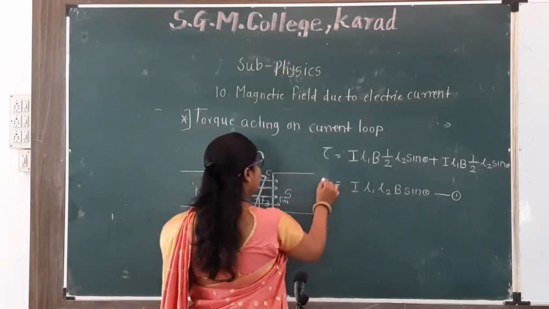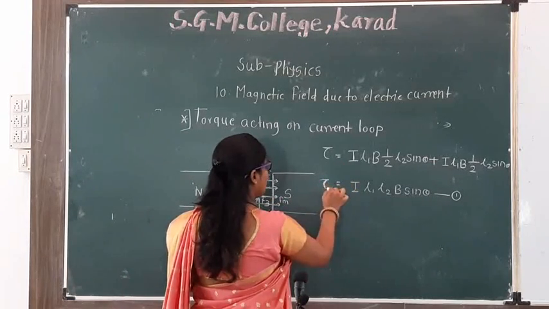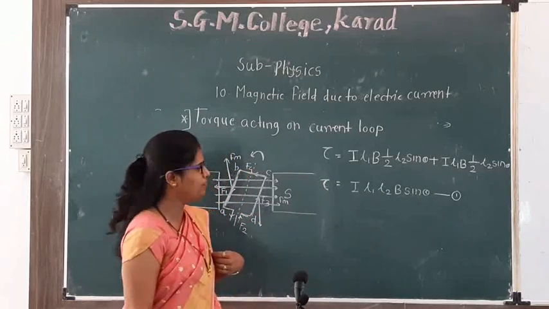This equation represents the torque acting on the rectangular coil.